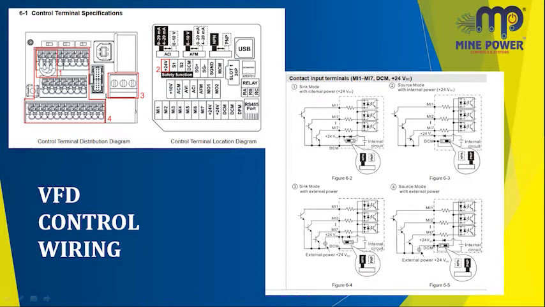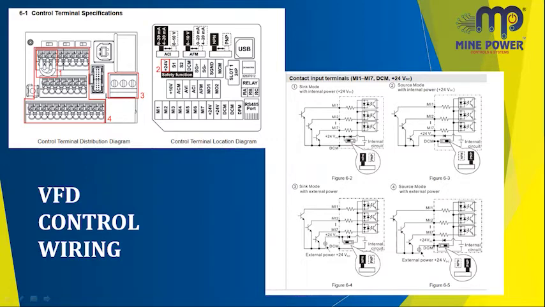DCM is given to the common, and through the transistor switching it goes to M7, another part goes to M2, and another goes to M1. These three are the inputs which we can control, with DCM given as the common.